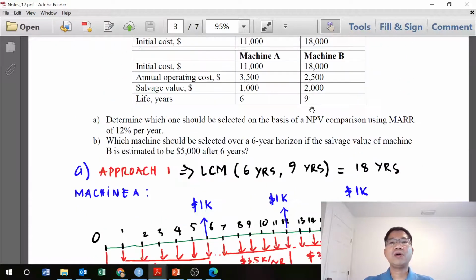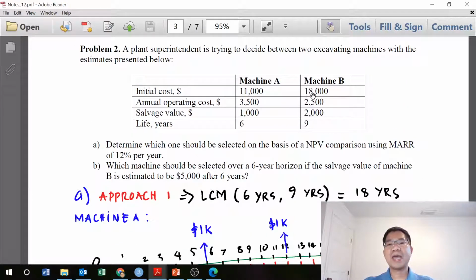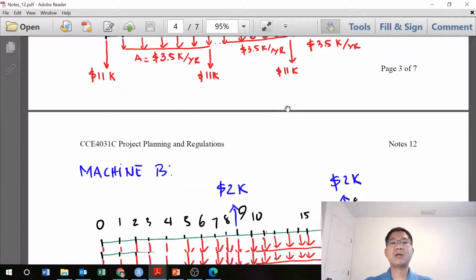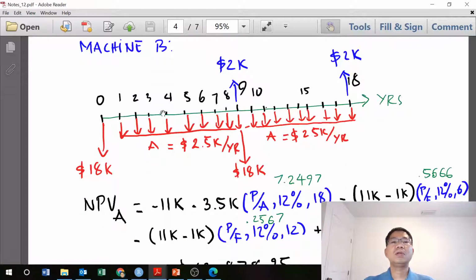Similarly, for machine B with a 9-year life, we have 18,000 initial cost, 2,500 annual operating cost, and 2,000 at the end of year 9. So that's why we have this cash flow. Machine B, 18,000 initial cost, 2,500 every year for the first 9 years.